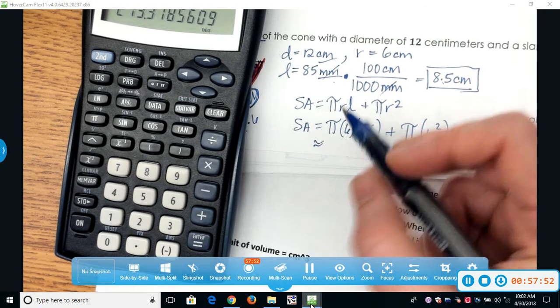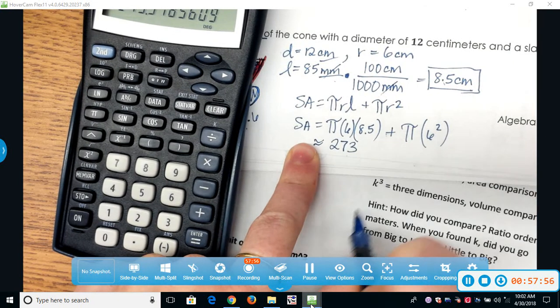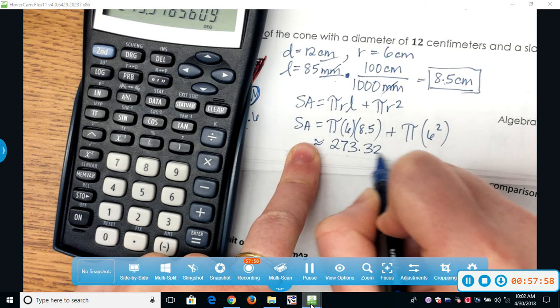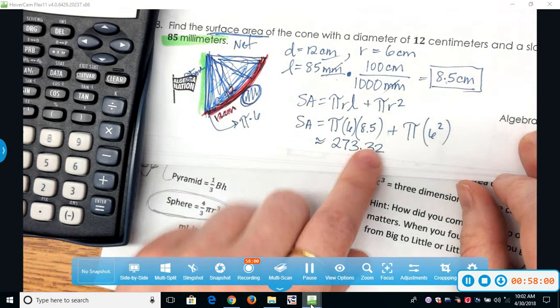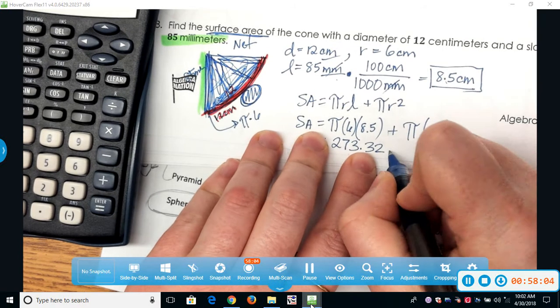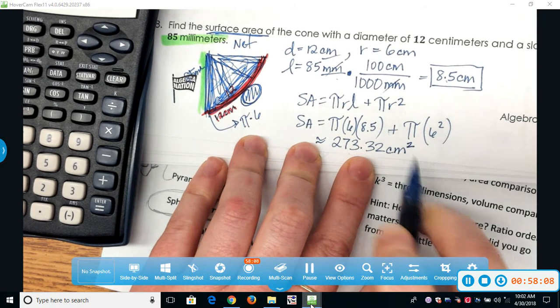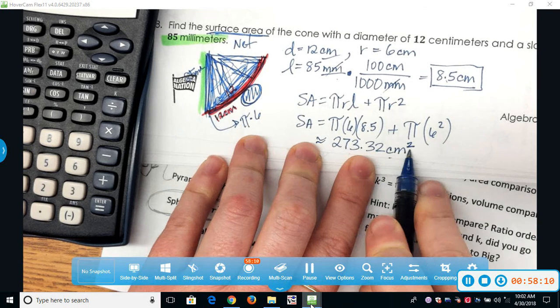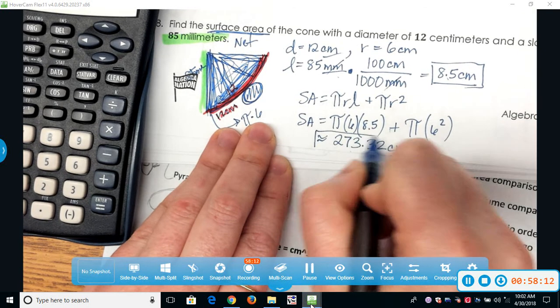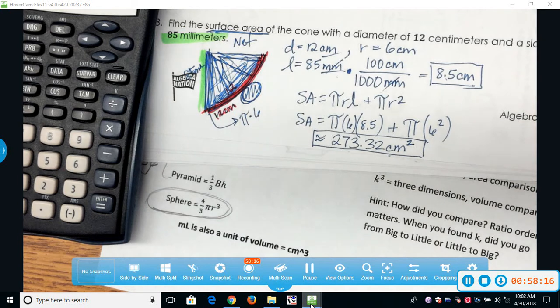Enter. I get approximately 273.32. Again, they didn't tell me how many decimals, so my default is 2. And it's area, so my units are squared. Area units are squared. 2 dimensions. It's the container, not the container plus the stuff. That's volume.